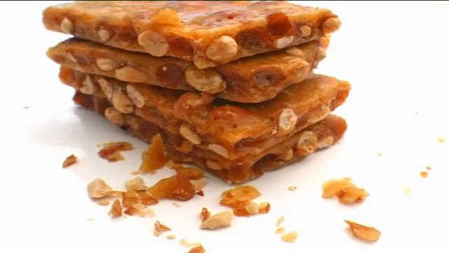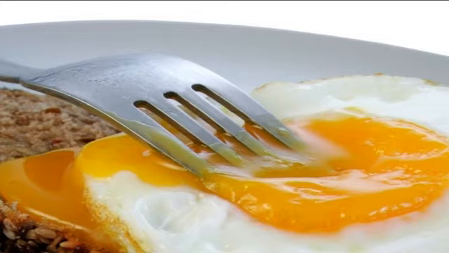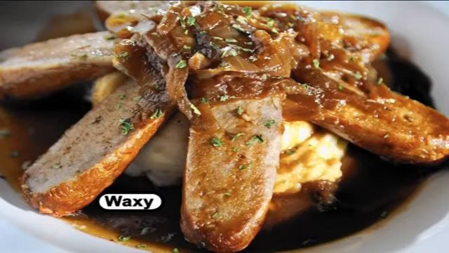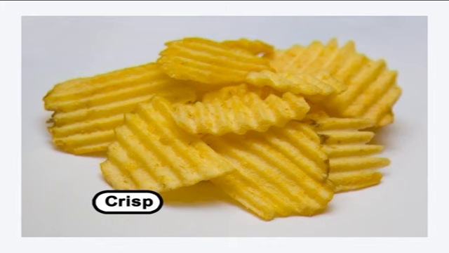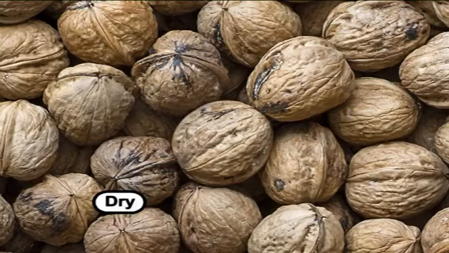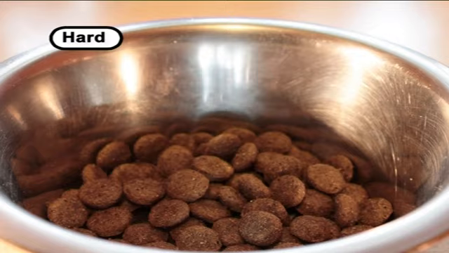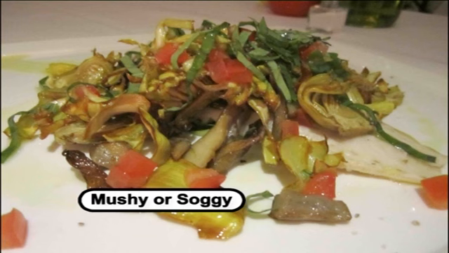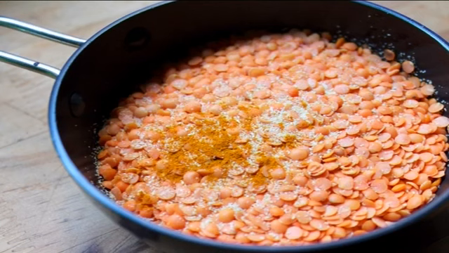The different terms used to express the texture are brittle, rubbery, gritty, bubbly, sandy, tender, waxy, soft, firm, flaky, crisp, fluffy, dry, crumbly, lumpy, smooth, hard, mushy or soggy, sticky, chalky, grainy and fibrous.